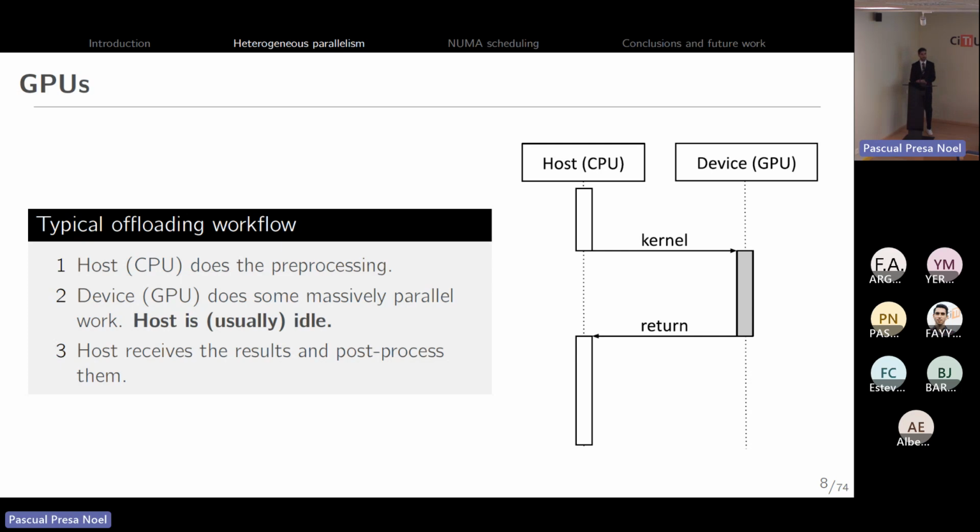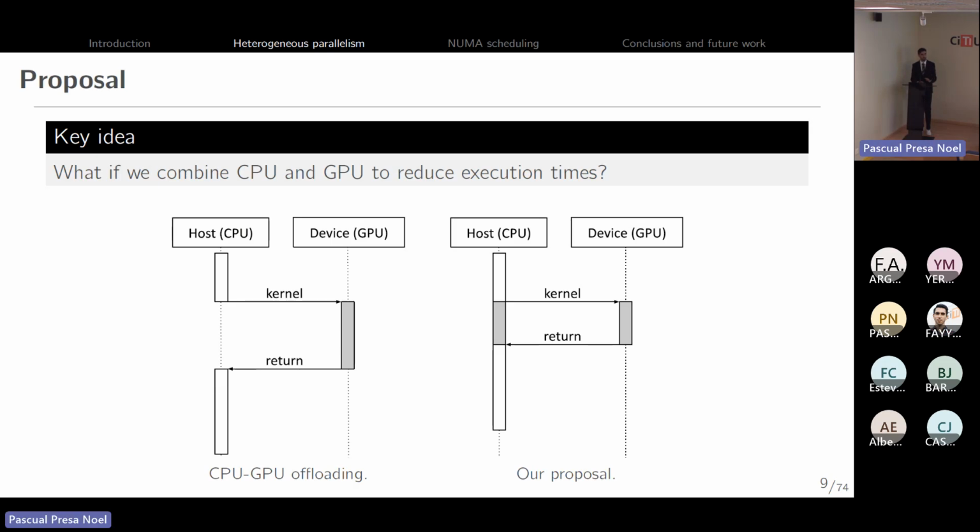The key point here is that typically, while the GPU is doing its computations in the gray bar here, the CPU is usually idle. And we see here an opportunity. So our proposal is to combine the computational power of CPU and GPU to reduce the execution times, keeping both devices working at the same time.